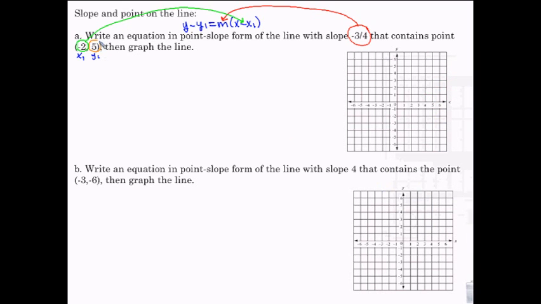I'm going to plug y1 right here. So instead of y minus y1 is equal to m times x minus x1, I'm going to have y minus 5, because I took the y1 out and put the 5 in, is equal to negative 3/4 times x minus negative 2. And anytime I have a minus a negative, it's a positive.